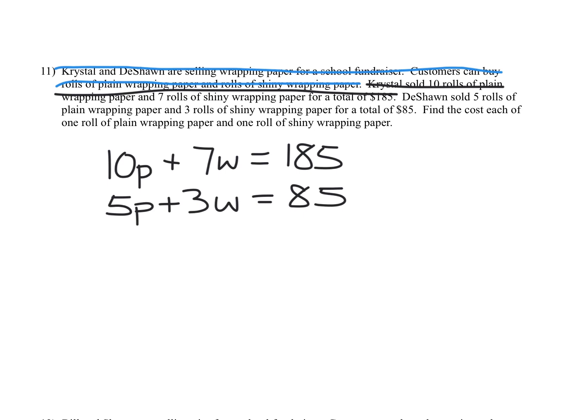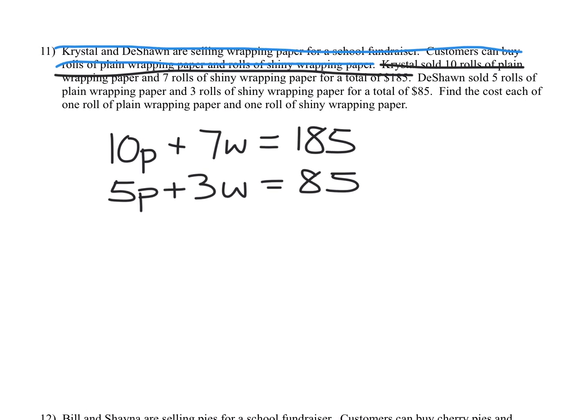Elimination, what do we look for? Opposites. Do we have opposites right now? No. Next, what do I look for? If I can make one into the other, do we have that option? Yes. Are y'all looking at this 5 and 10? What do I need to multiply this bottom one by?